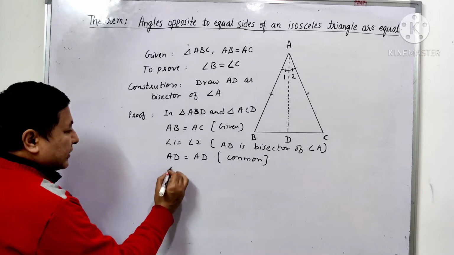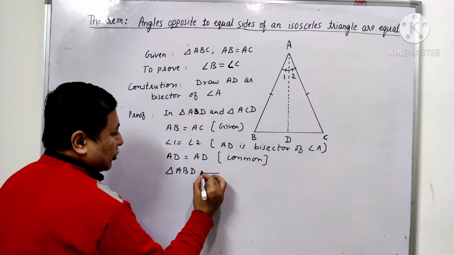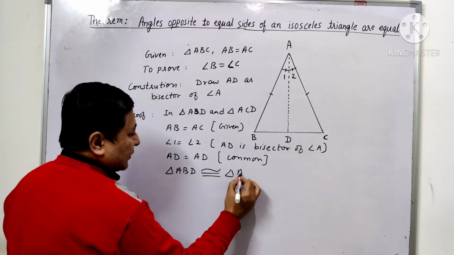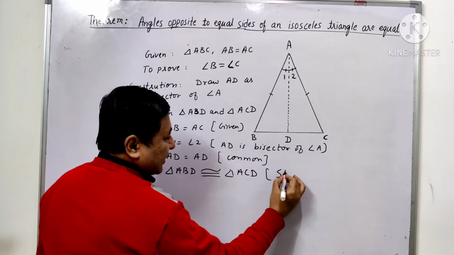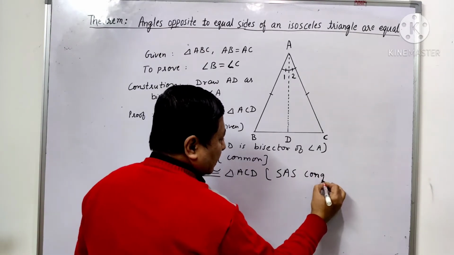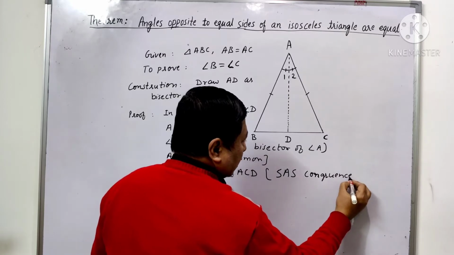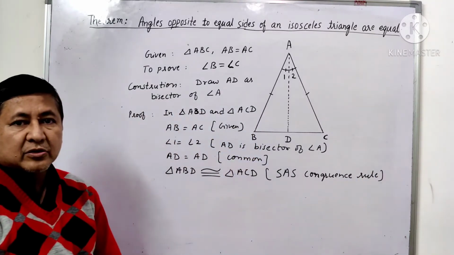So triangle ABD is congruent to triangle ACD by the rule known as SAS congruence rule. Now we have proved that these two triangles are congruent.